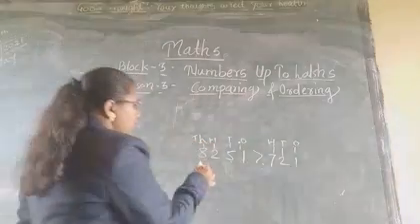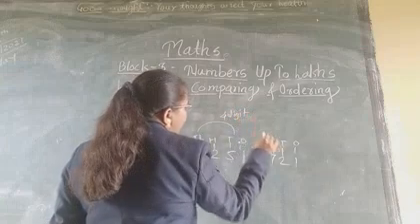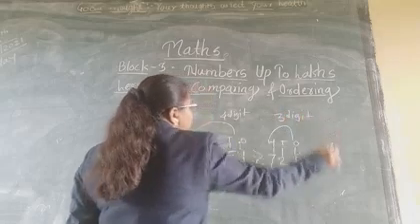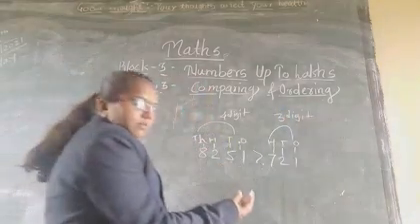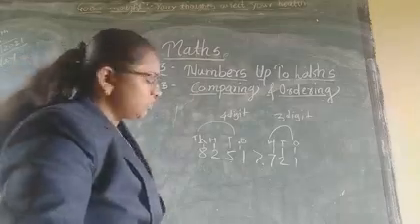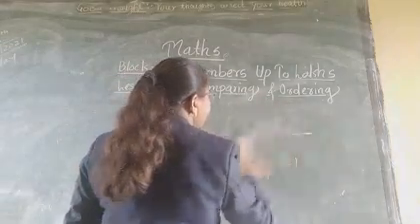So it is a 4-digit number and this is a 3-digit number. Compared to two numbers, the 3-digit number is smaller than the 4-digit number. Therefore 8251 is greater than 721.